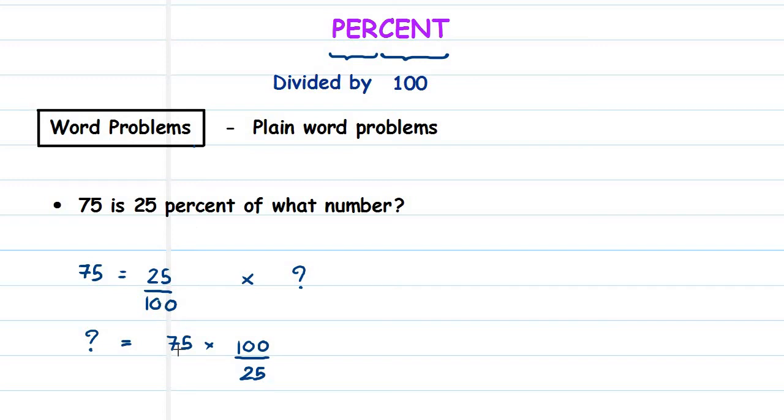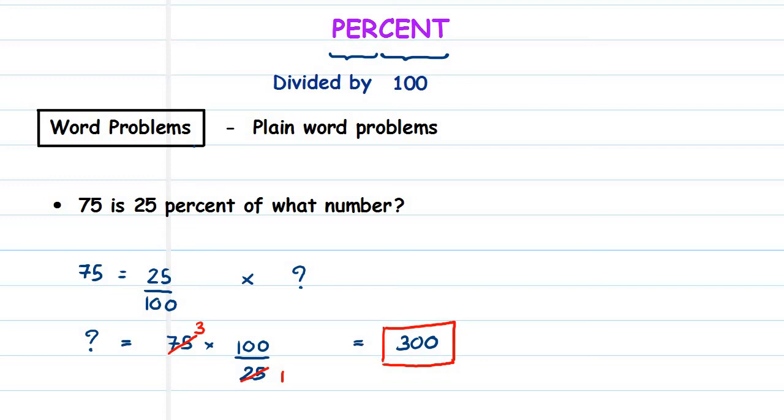We can simplify this. This is going to give us 3. And this is going to give us 1. And 3 times 100 is 300. And that is the answer. 75 is 25% of 300.